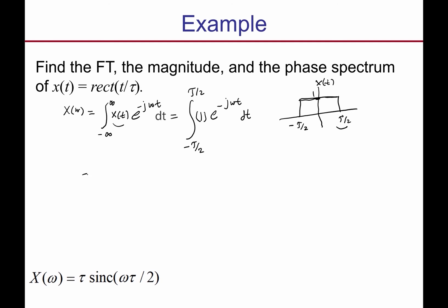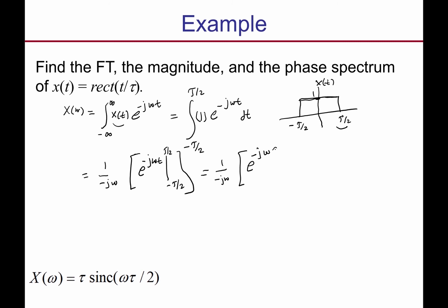When I integrate this, I should get 1 over minus j omega, e to the minus j omega t, evaluated from minus tau over 2 to tau over 2. And this equals 1 over minus j omega, e to the minus j omega, plugging in t equals tau over 2 and minus tau over 2. And you get this.